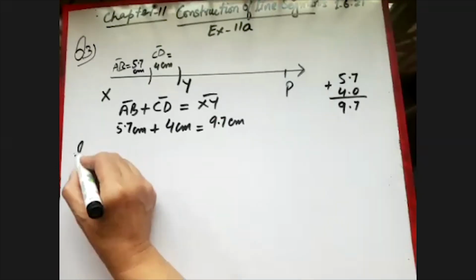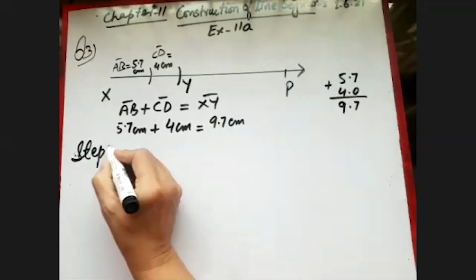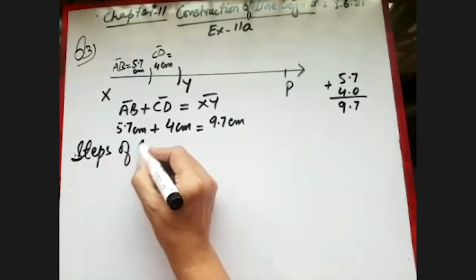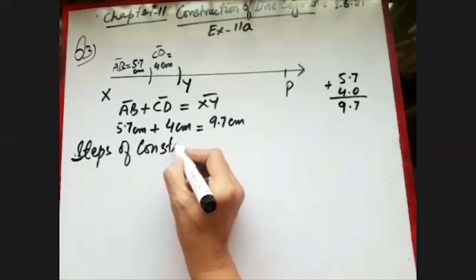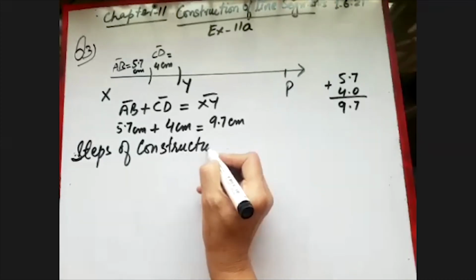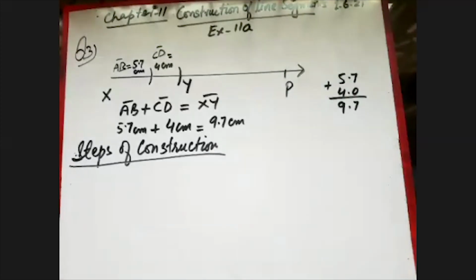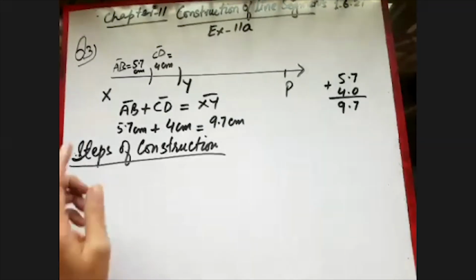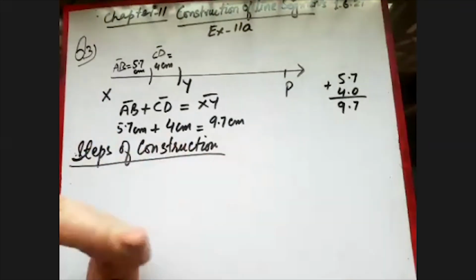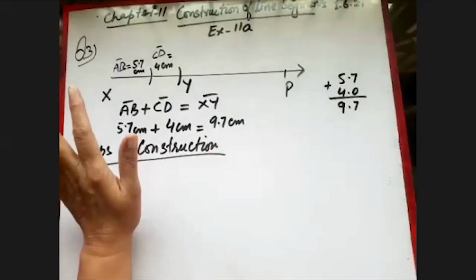Now, steps of construction. I think you can write down the steps of construction by yourself because the time is running out. I'm just explaining the steps. I draw a ray XP with a free hand in my notebook.